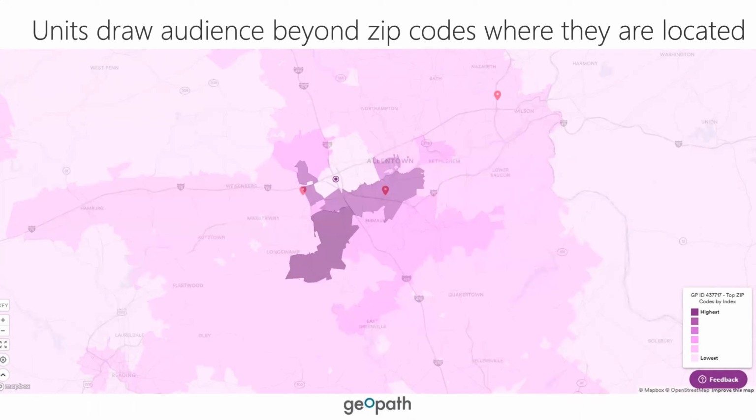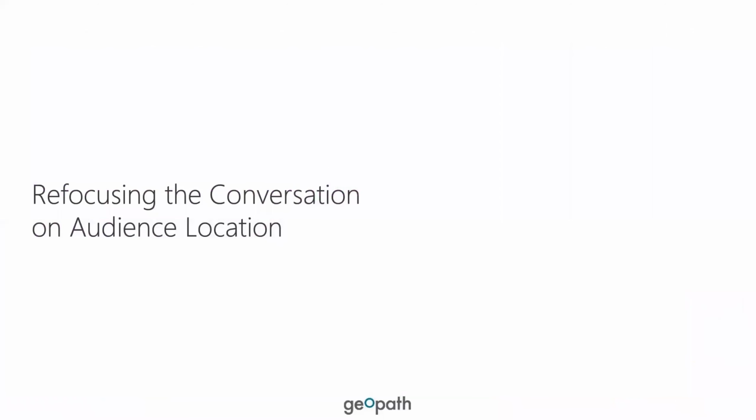Yeah, and just to jump in, I thought this was really interesting, and talking about how do we refocus the conversation from location to audience, right? Just to give you an explanation of what this is showing. That purple dot is actually one of the units that was in this buy here, right?